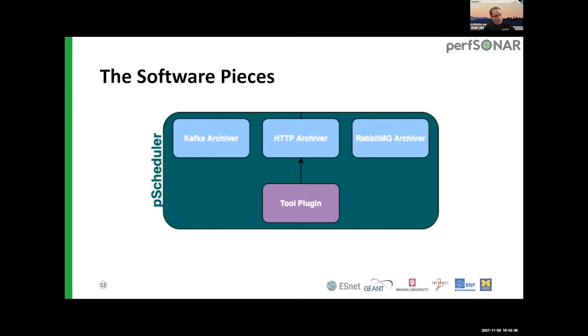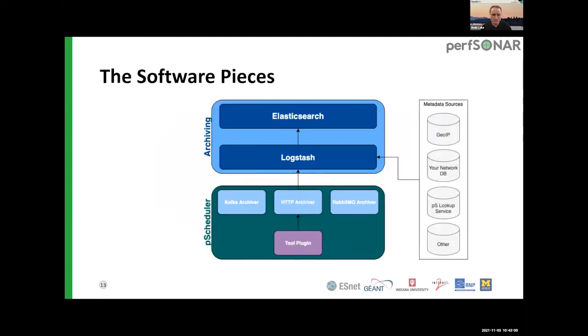We were trying to minimize the number of components that people run. So out of the box, you're not required to run a Kafka or RabbitMQ instance for a message bus. You could still do that if you so desire and are familiar with how to set all that up and tweak configurations. But we're going to try and keep it simple for default, just because that's easier to manage. So that's this HTTP archiver, and then next slide.